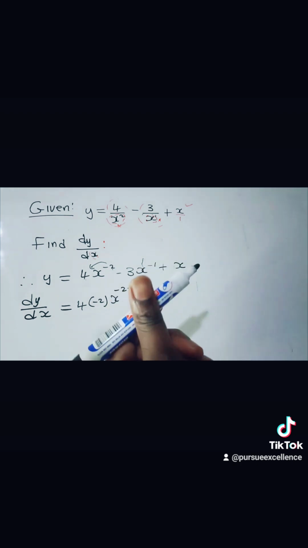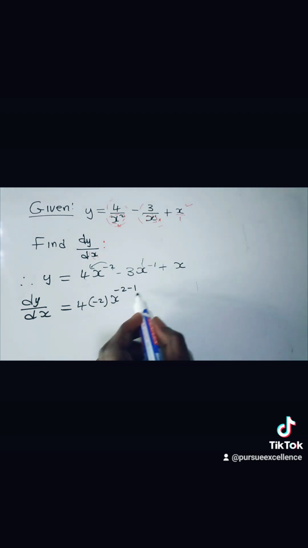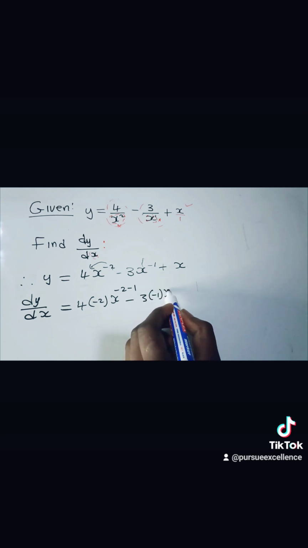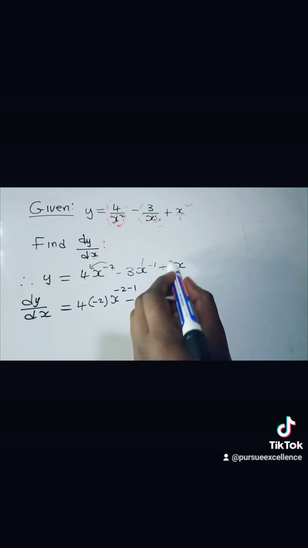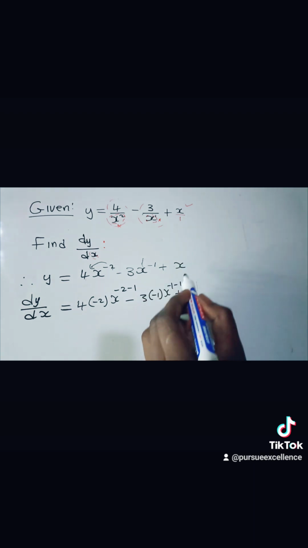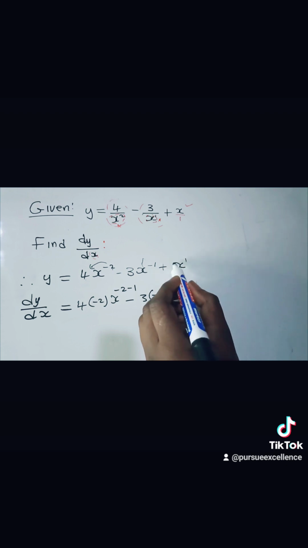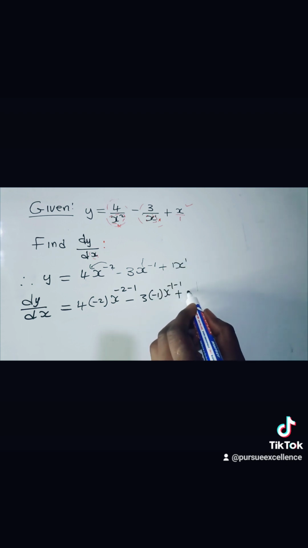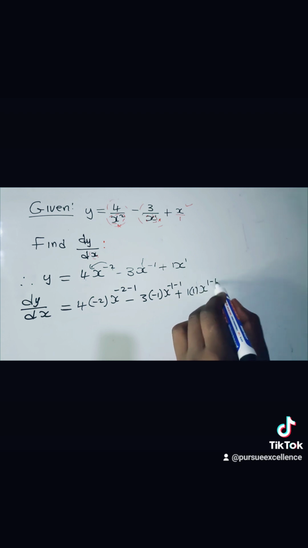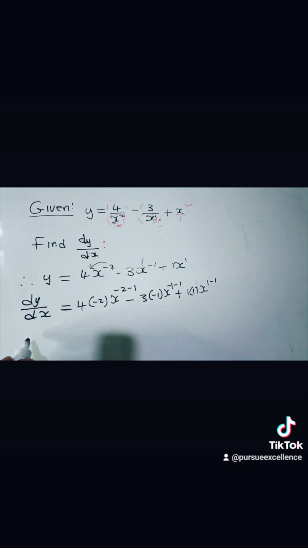Then you repeat this on each term. So we're going to have negative 3 into negative 1 x to the power of negative 1 minus 1. Let me apply it on this one as well. It has an exponent of 1 and a coefficient of 1, so it's the same as 1 into 1 x to the power of 1 minus 1.